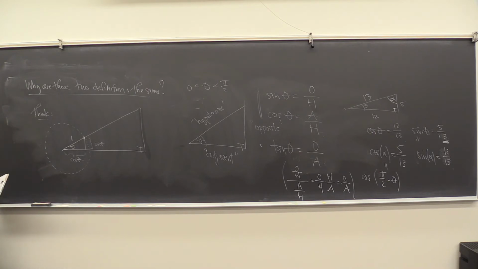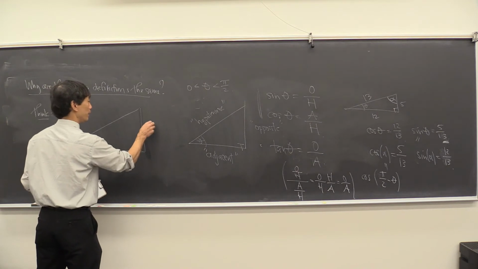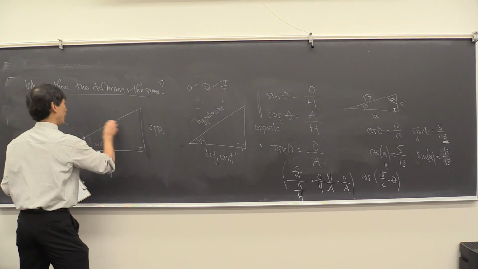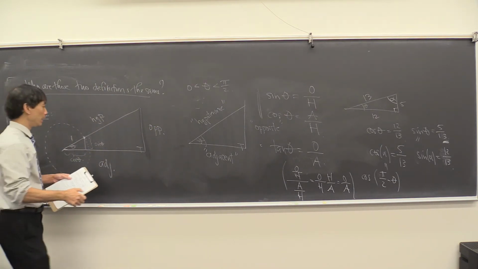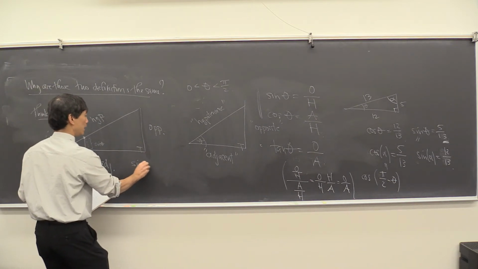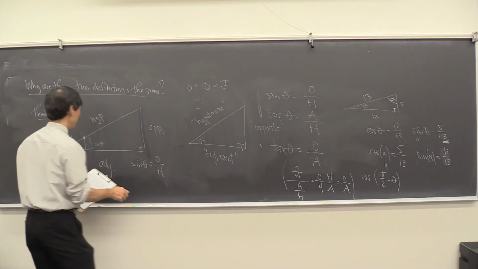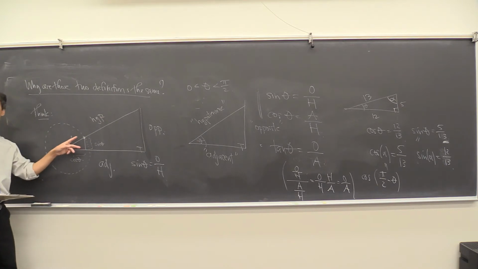So we've got this other stuff: opposite, adjacent, and hypotenuse. If we look at the ratio, sine of theta is opposite over hypotenuse. Well, these are similar triangles.